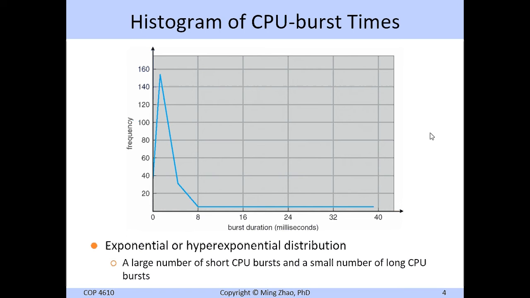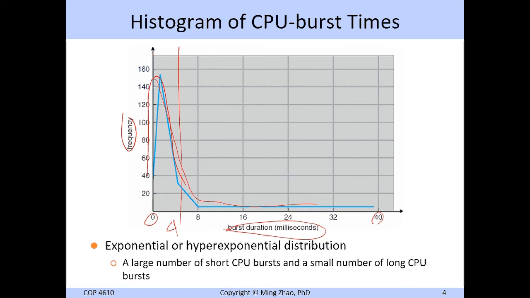In our case, the variable is the CPU burst duration in milliseconds, which is the x-axis, ranging from 0 milliseconds all the way to 40 milliseconds. On the y-axis we have the frequency. Notice that most of the processes have very small CPU burst durations, most of them under 4 milliseconds. As the CPU burst duration increases, the frequency of processes drops quickly, really fast.